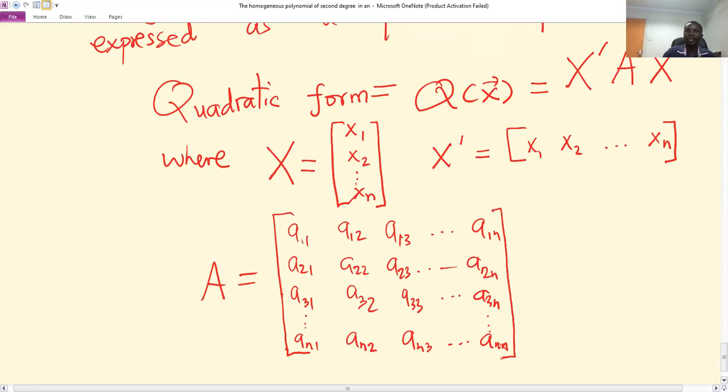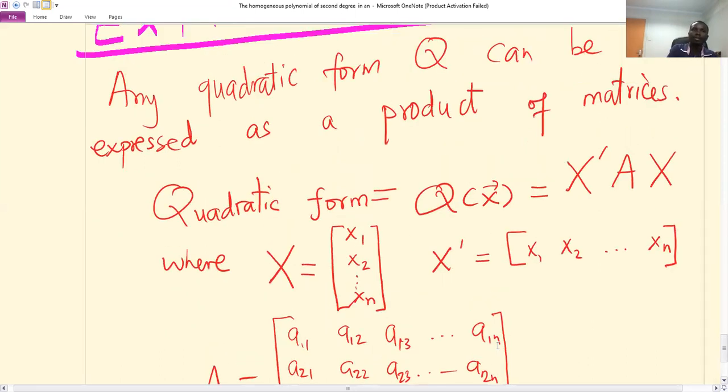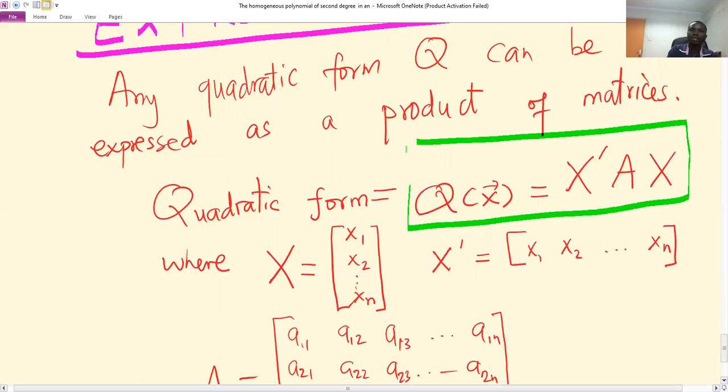So the key thing is that any quadratic form Q can always be expressed in matrix form X prime A X, where X is just this vector and its transpose is given by this.